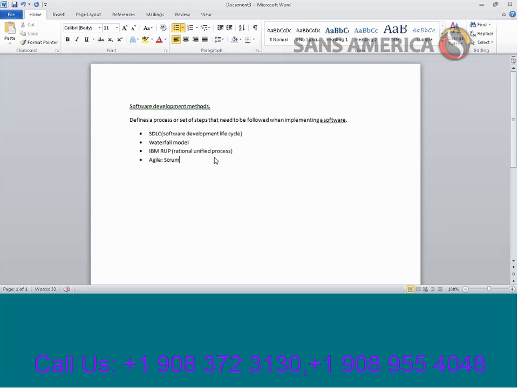So the methodology was defined by IBM folks. That's why it's called IBM RUP. And also, Agile is a very popular software development model these days. And in Agile, there are so many subcategories. But I think the Scrum-based model is one of the most popular models which we're going to discuss.